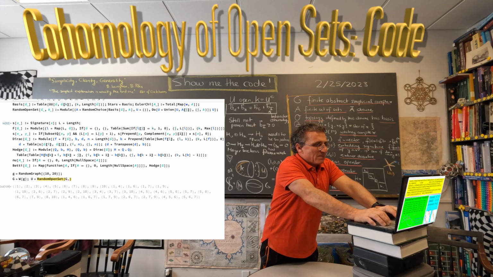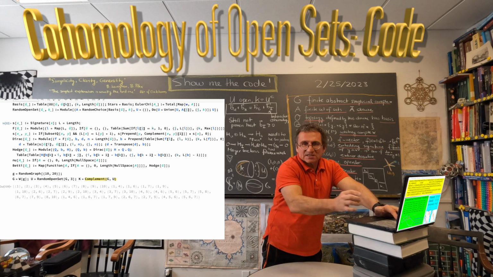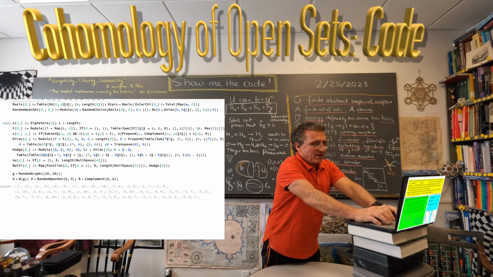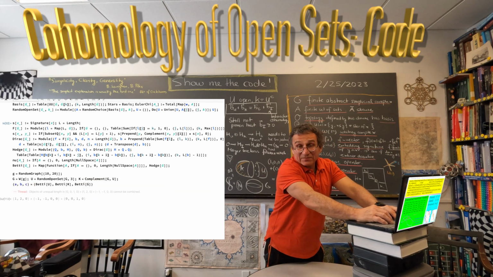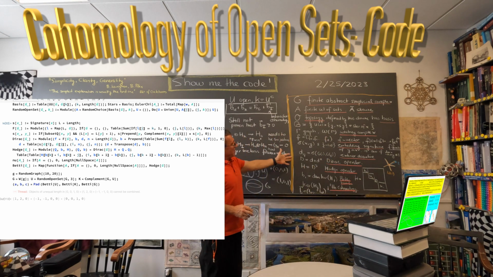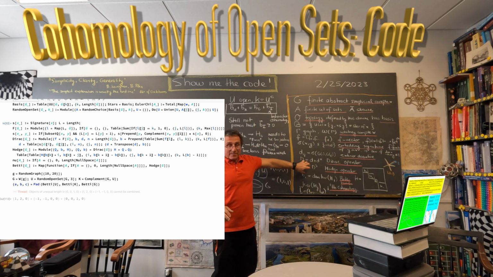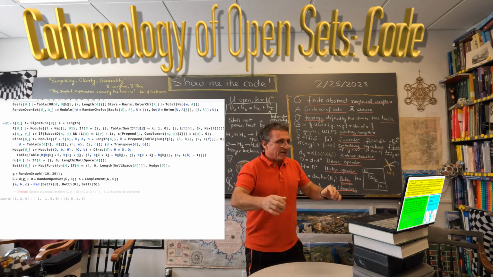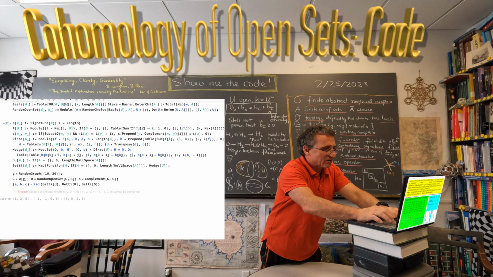So that's the U, and then I take K, the complement in G of U, so that's a closed set, a simplicial complex. Now I can compute all these, with pad right, because they have different sizes. If I compute the Betti vector of some smaller dimensional part, the vector might not have the same length, so I have to take pad right of that.